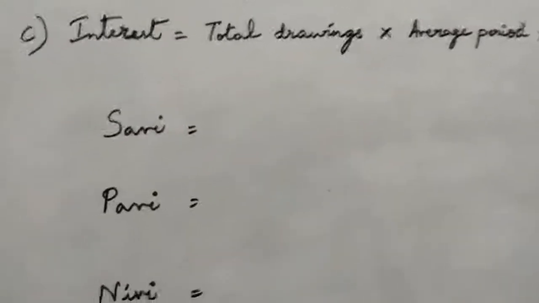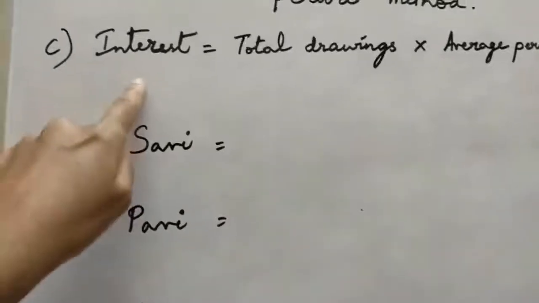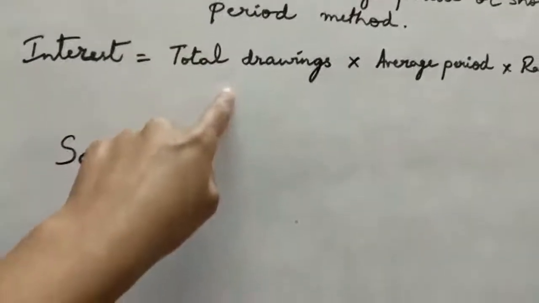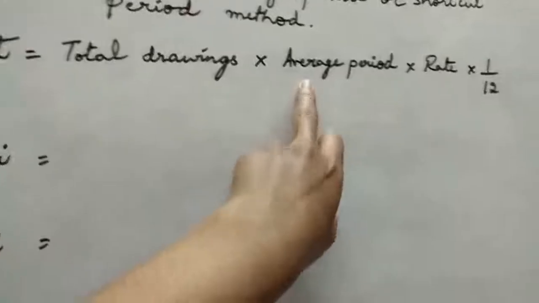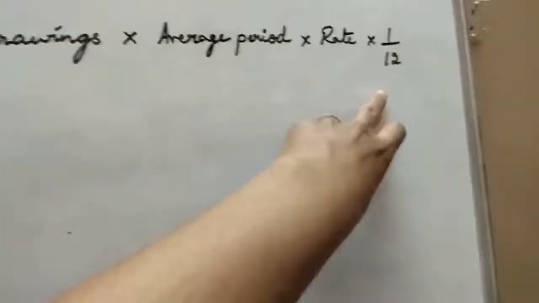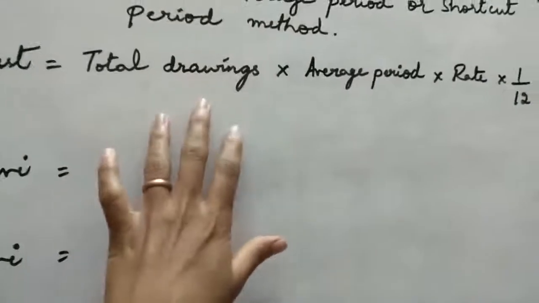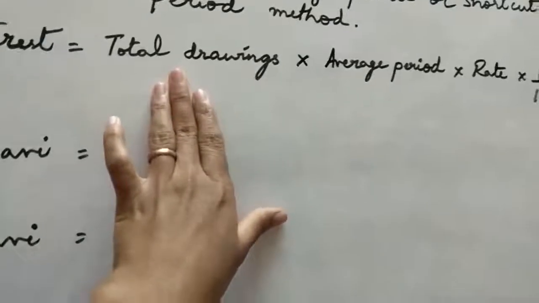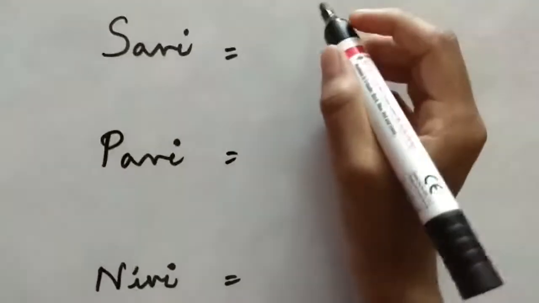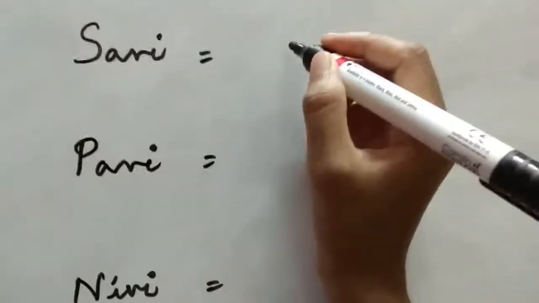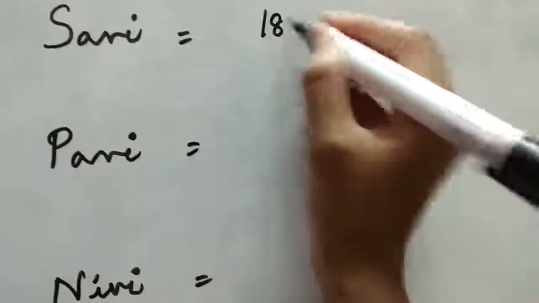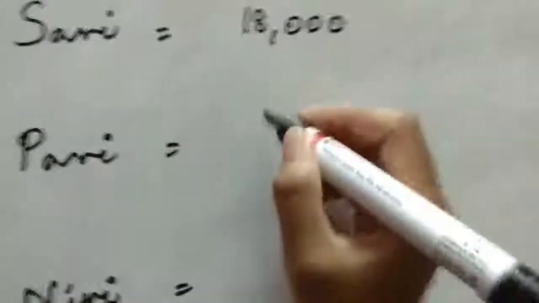Coming to the last calculation of interest, the formula is total drawing into average period into rate into 1 by 12. The difference here comparing to the product method is total drawing and the average period. Now let us go for the calculations of each partner's interest. So total drawing for each partner, I'm going to take first 18,000 we have calculated.